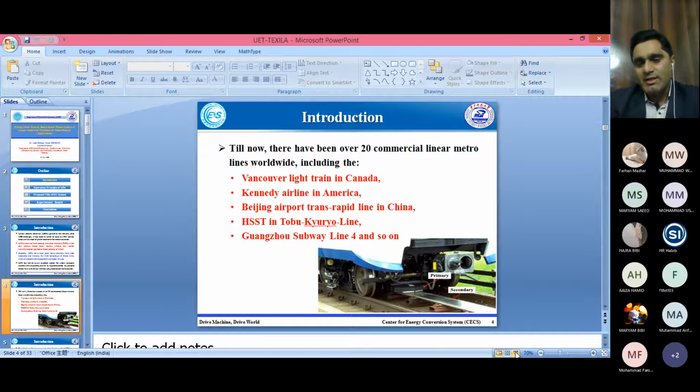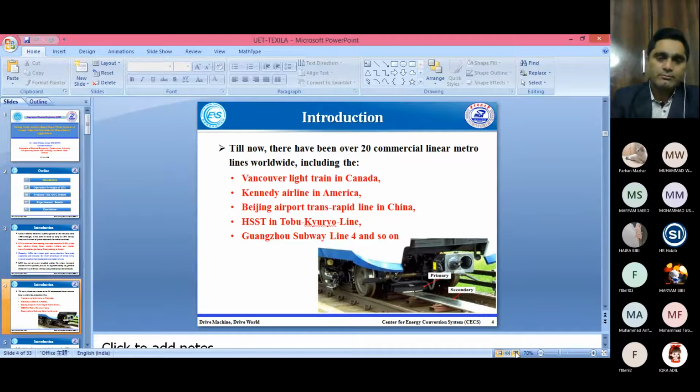For example, we have two parts: a rotor and a stator. In the rotary induction machine, when we give electric current or voltage to the stator, due to mutual induction the rotor rotates according to the magnetic field. But here we can see that there is a primary and a secondary, and the secondary is with the rail. That is why we say that this is the linear metro.